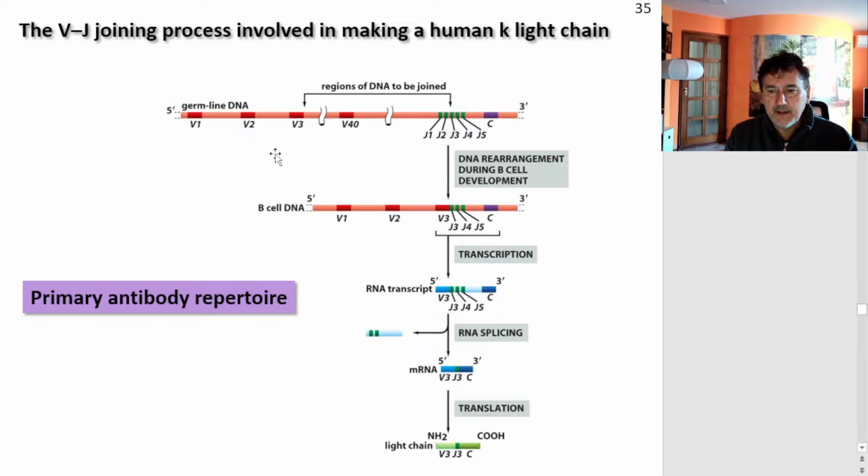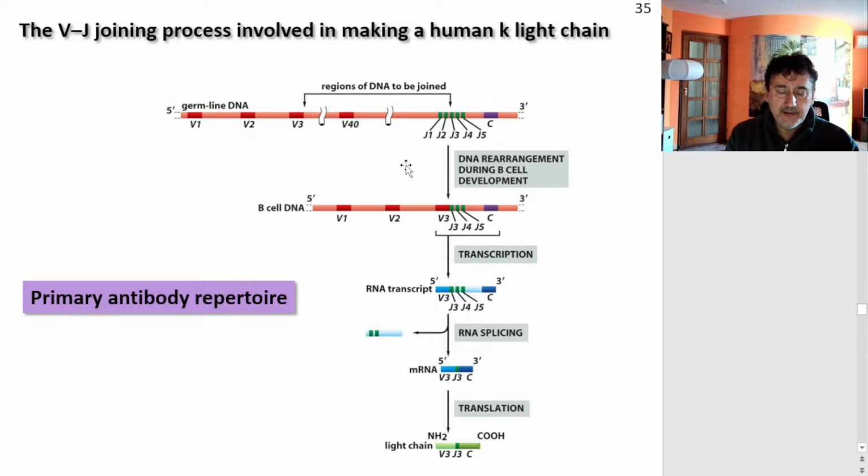So here you can see the light chain genes. In the light chain genes, the constant region is represented only by a single, invariable part. But there is a variable region and a joining region between the constant and the variable region, okay?